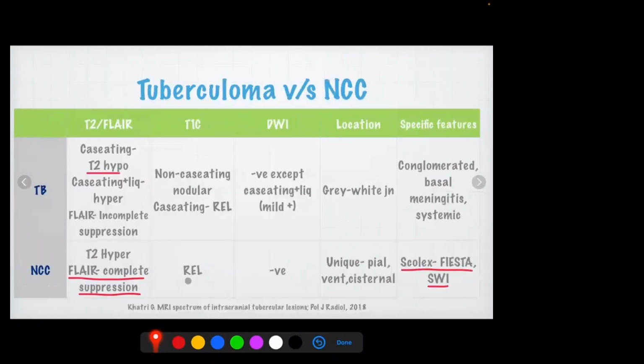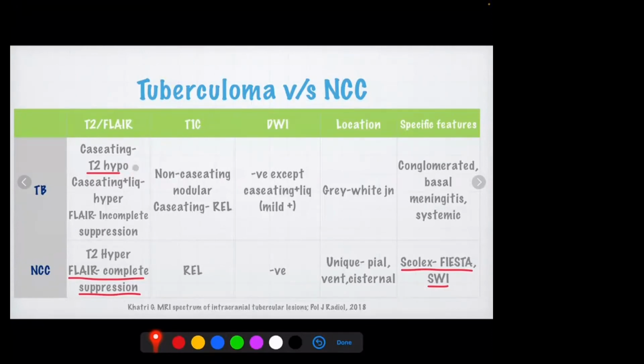So let's understand which stage of NCC is confused with which stage of tuberculoma. In the caseating granuloma, as I said, T2 hypointensity would be there, which makes life easy because T2 hypointensity will not be found in any NCC stage except the calcified stage.